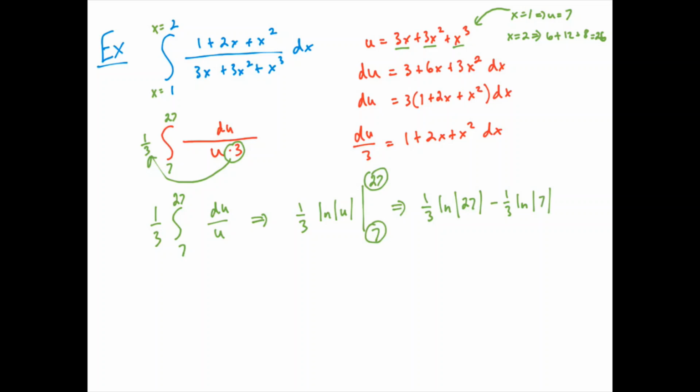And we could write it like that, or we could factor out the 1/3 and say ln of 27 minus ln of 7. I don't need the absolute value on the 27 anymore because 27 is positive. Okay, so we could write it like this. And if we really want to get fancy and impress your teacher, we could say ln of 27 over 7, and that is just using the quotient rule for logarithms.